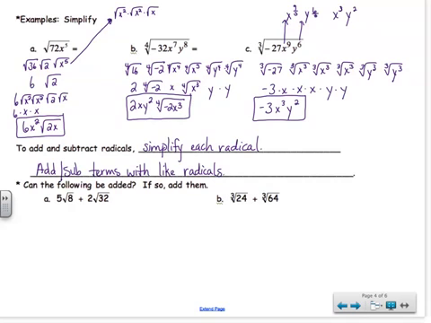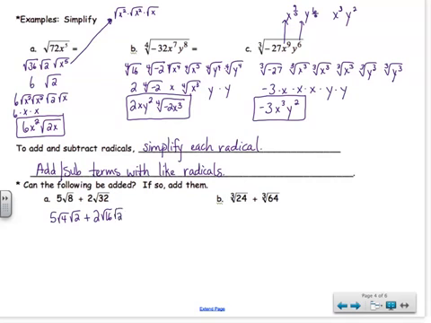So let's look at these first ones. When we look at them at first, the radicals are not like in example A, so it doesn't look like we can add them, but we haven't simplified them first. Since we're doing square roots, I'm looking for perfect square factors of 8. So I'm going to do root 4 times root 2, and perfect square factors of 32, I'm going to do root 16 root 2.